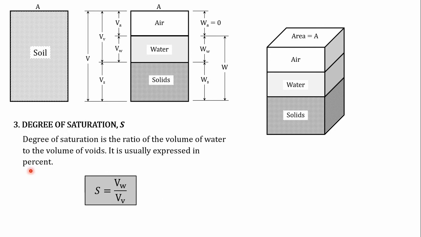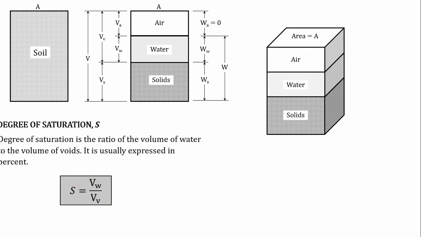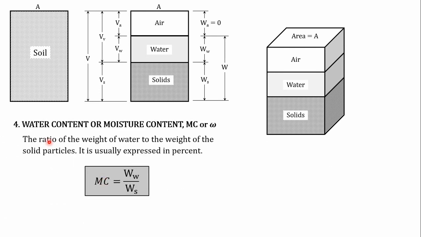Third is the degree of saturation. What is degree of saturation? Degree of saturation is the ratio of the volume of water to the volume of voids. It is usually expressed in percent. So, this is its formula. Fourth is water content, or moisture content, denoted as MC.